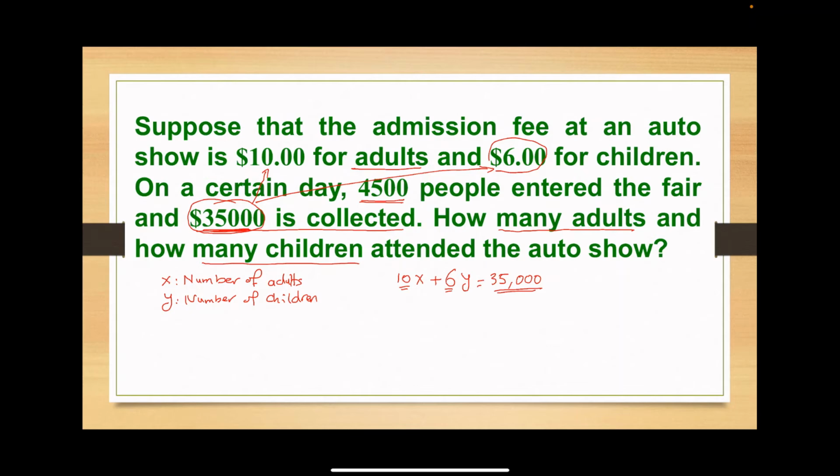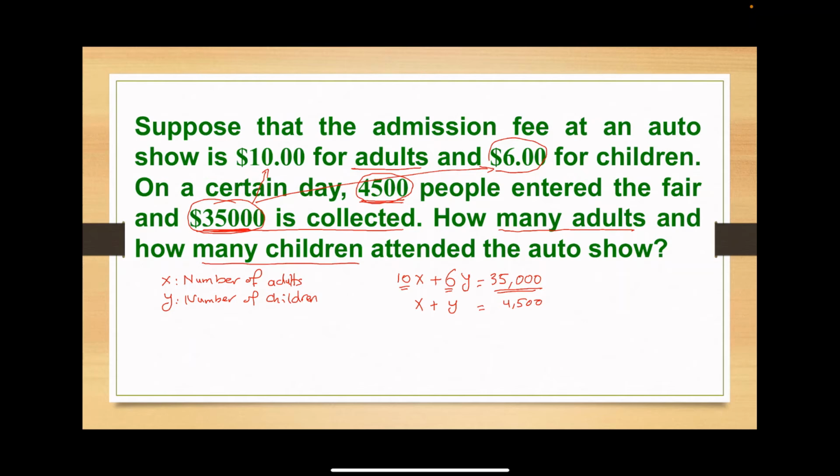Now we need the second equation. The information that we have is that 4,500 people entered the auto show. So the number of adults and the number of children is equal to 4,500. The number of adults is x plus the number of children y, and the total, which is x plus y, should be 4,500.